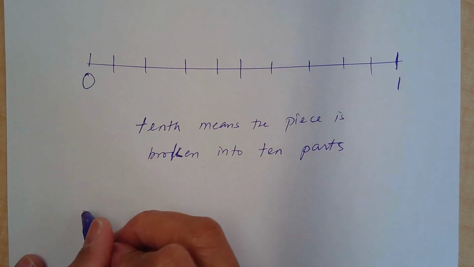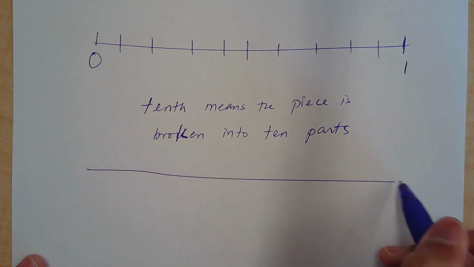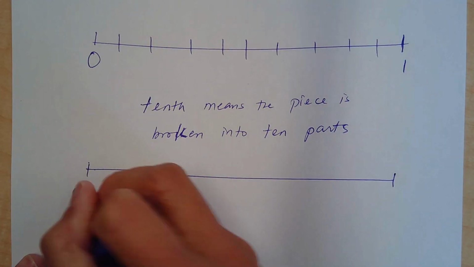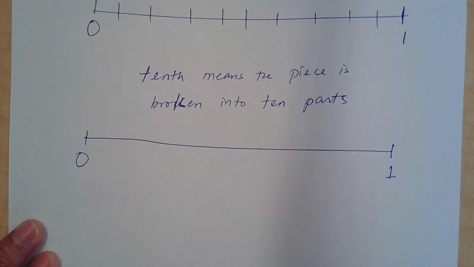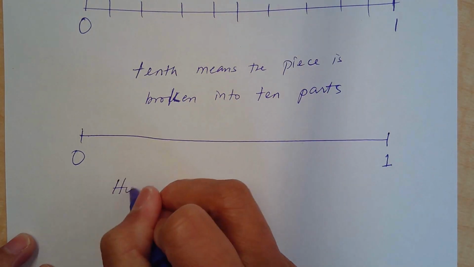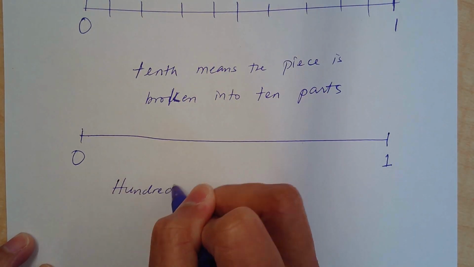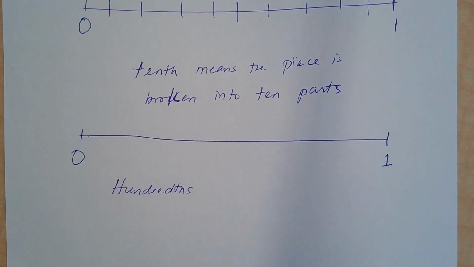Now again, this is my giant ruler. Now, if we have hundredths, hundredth with a th at the end, how many equal parts would that be?